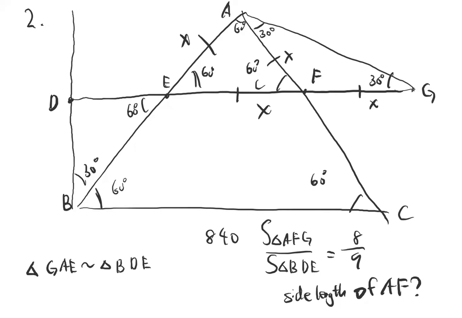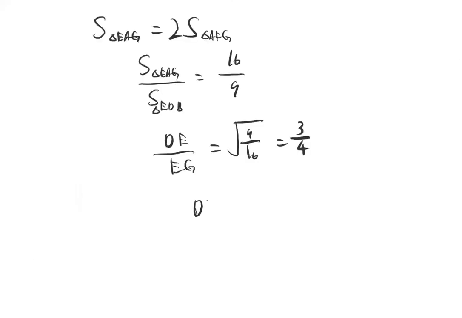If we draw a rectangle here, we can see that this is very symmetrical. So this length is going to be equal to this length because it's symmetrical. So DE is now equal to (840 minus X) over 2.